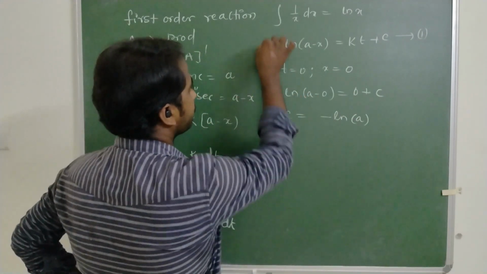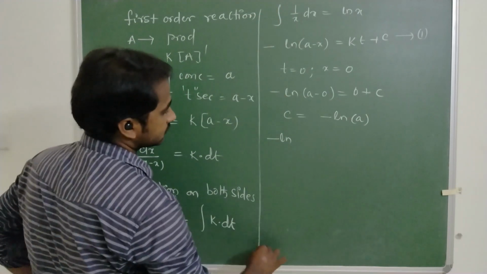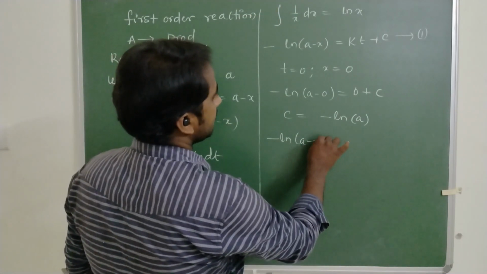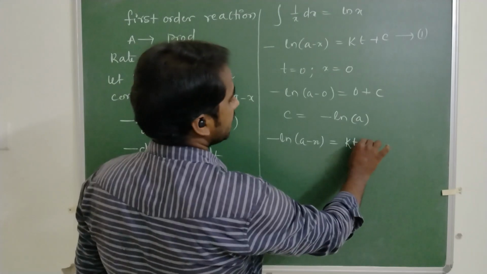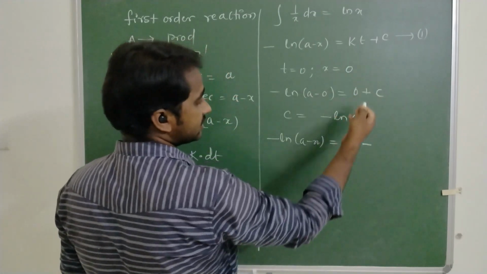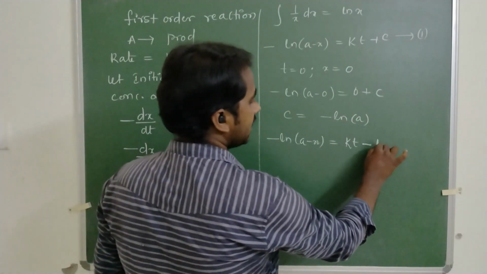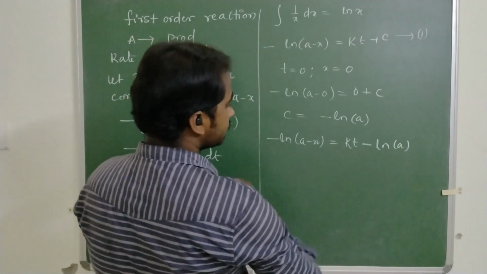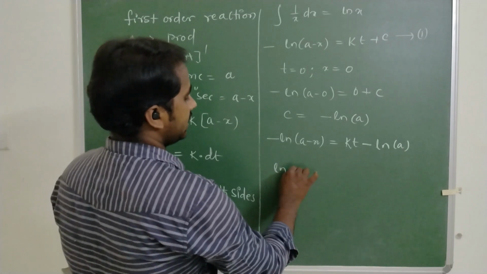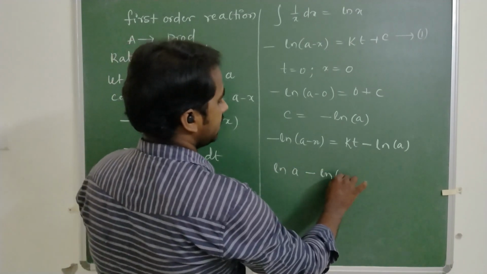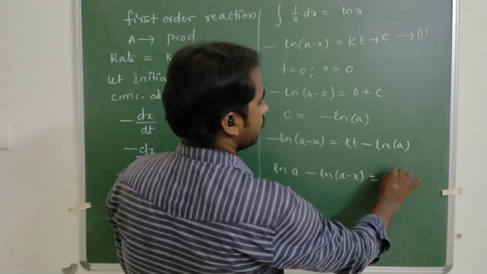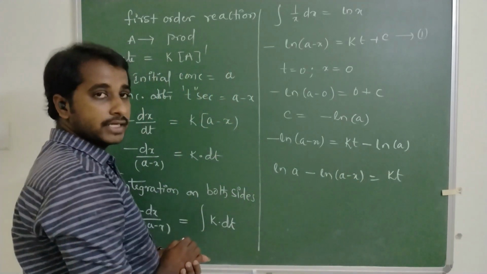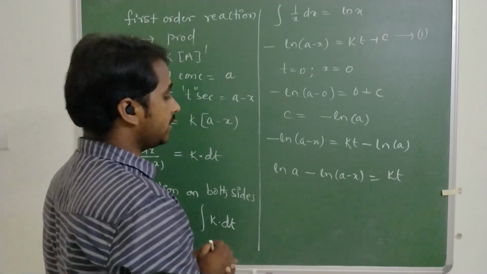So minus ln (a minus x) is equal to kt plus c, and instead of c we can write minus ln a. Now ln a minus ln (a minus x) is equal to kt. Log a minus log b can be written as log a by b.